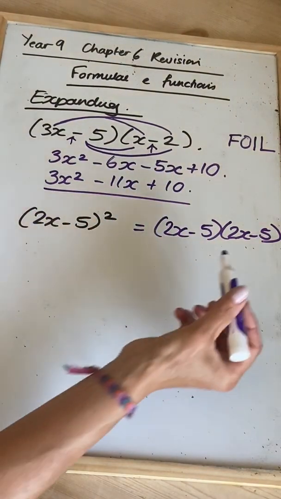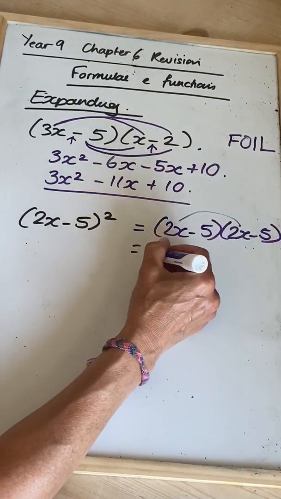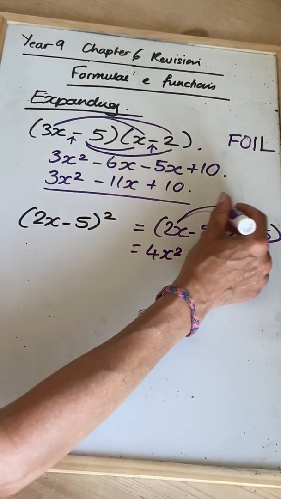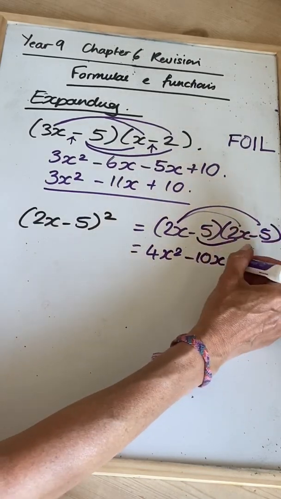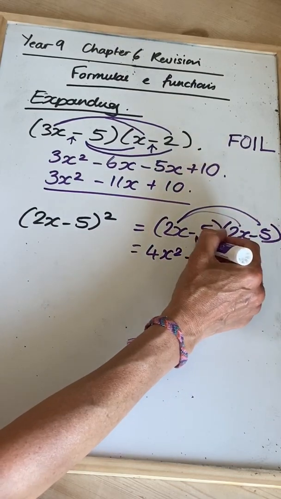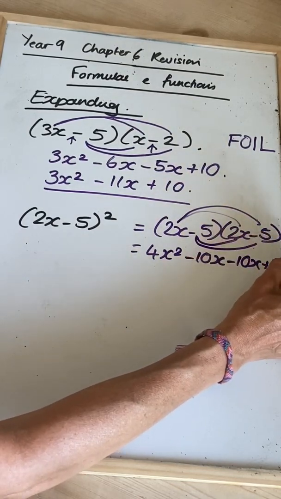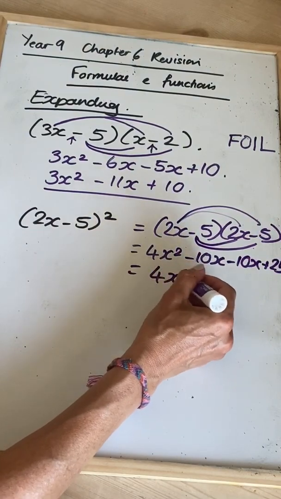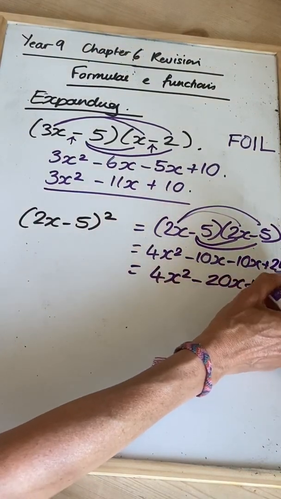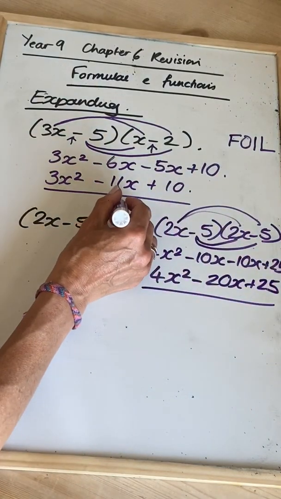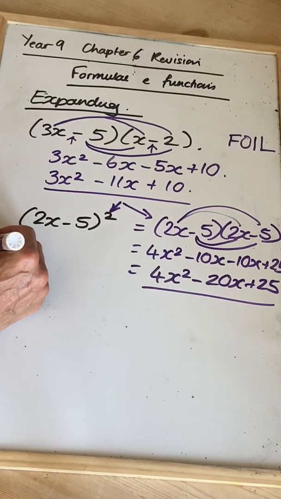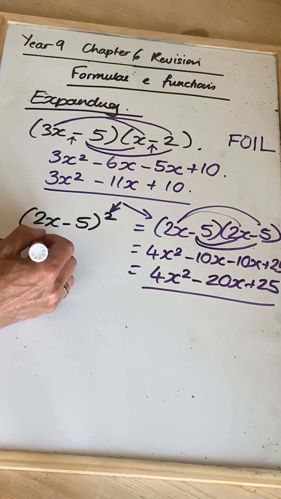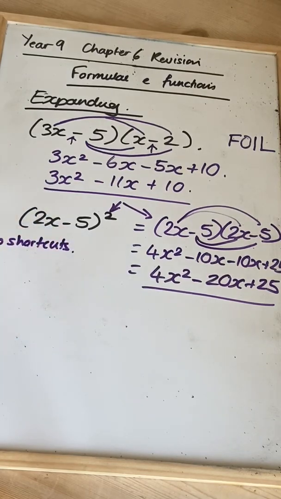And then apply the process: first 4x squared, outside minus 10x, inside minus 10x, last minus 5 times minus 5 is plus 25. So I've got 4x squared minus 20x plus 25. So with this square thing, write out both brackets. Don't do anything else, no shortcuts. If you take the shortcuts, gents, you'll get it wrong.